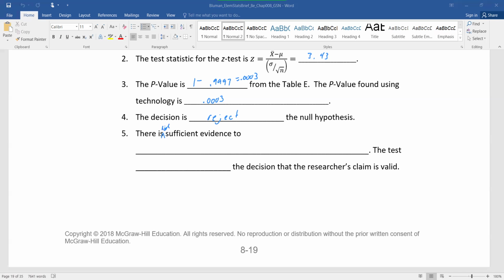And whose alternative is it? The researcher's. So therefore, are we accepting or denying the claim? There we go. All right. So there is sufficient evidence to support or accept the researcher's claim.